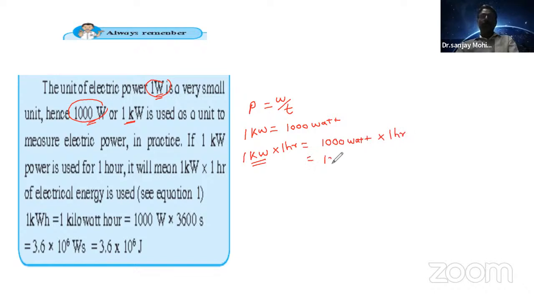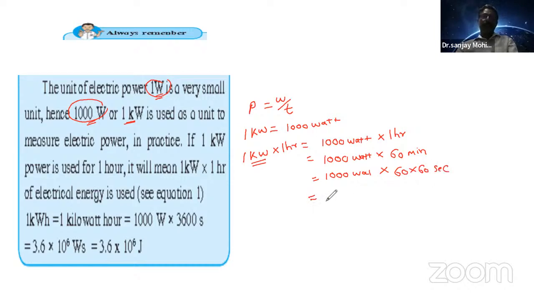This 1000 watt, we want to convert the time period into the CGS system, where 1 hour is equal to 60 minutes. And again, if you convert minutes into seconds, you have to multiply by 60 seconds.